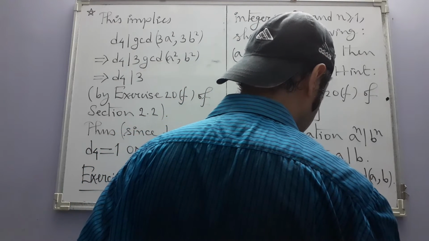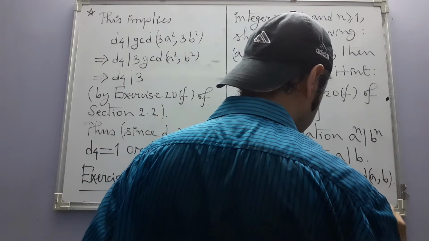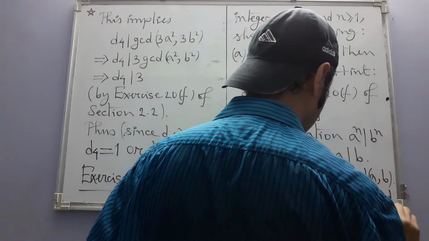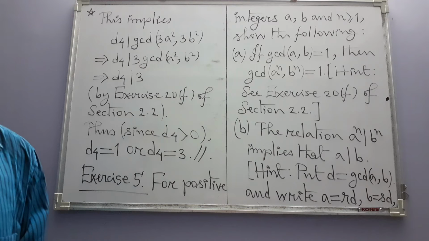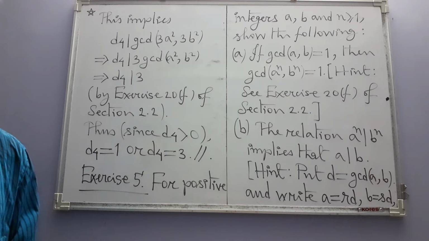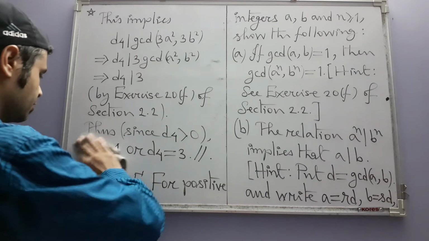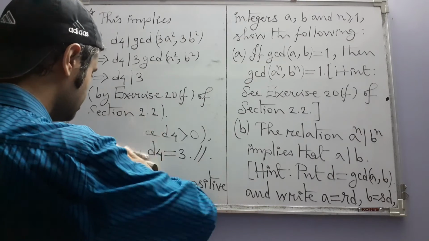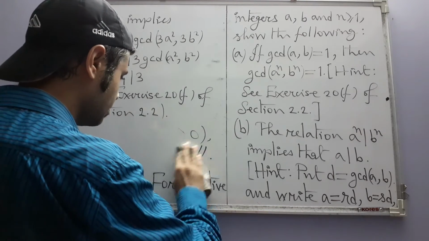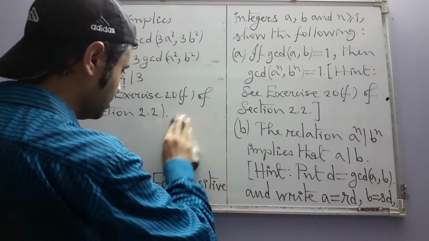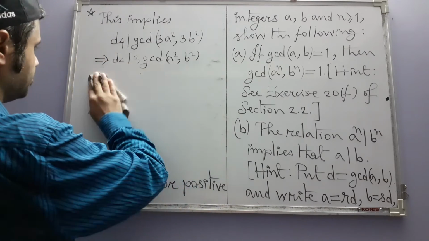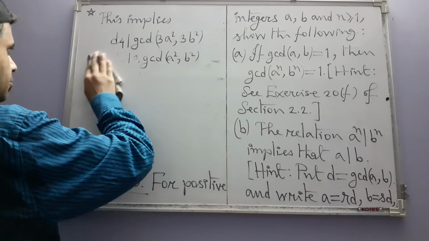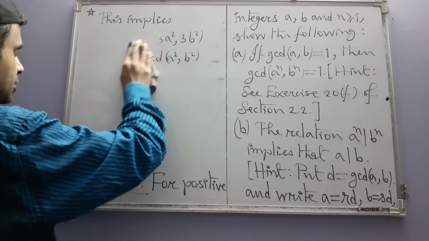So say A is RD and B is SD, where R and S are integers, and from our previous results on GCD, we already know that these integers R and S themselves are relatively prime. That is, the GCD of R and S is equal to 1.